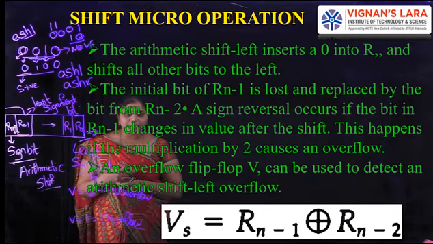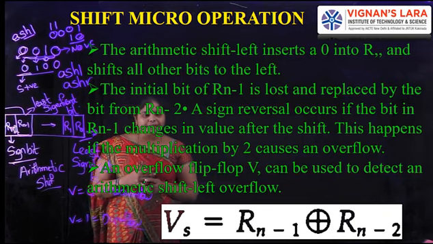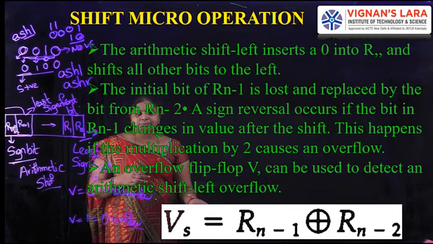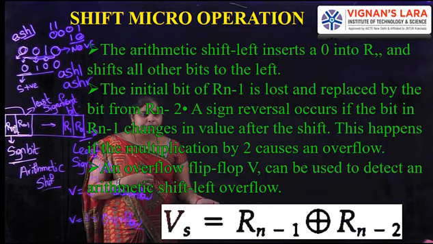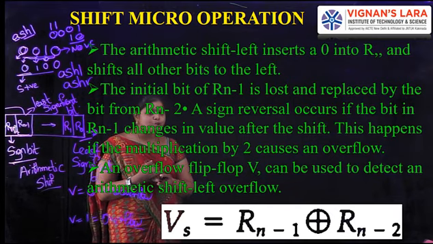An overflow flip-flop can be used to detect an arithmetic shift left overflow. Vs means the final information is stored in Vs. Vs holds the exclusive OR between Rn-1 and Rn-2.